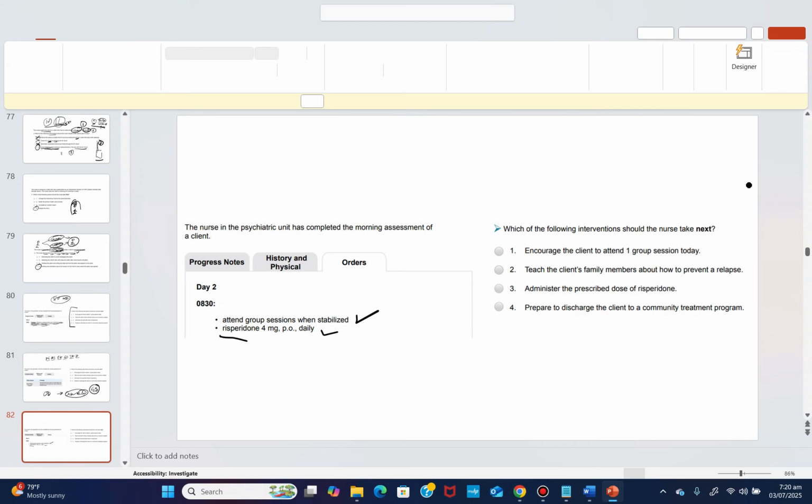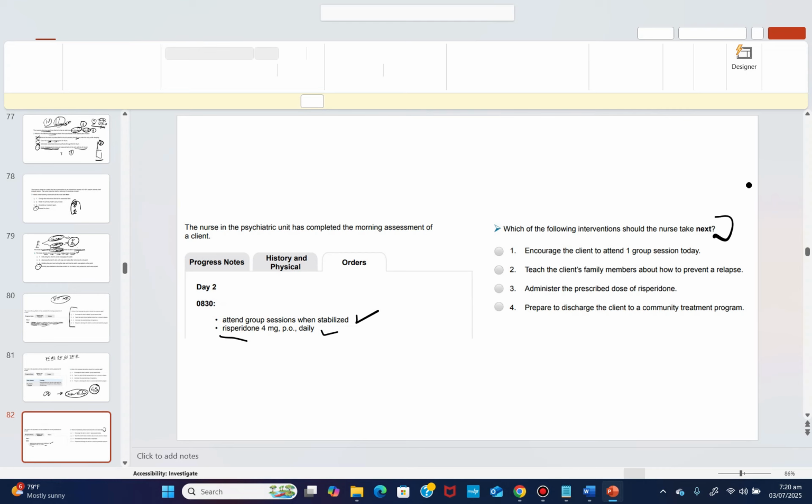So I feel what we need to do depends on what the examiner is asking. So let's see what the examiner is asking. The examiner is saying which of the following interventions should the nurse take next, right? So: encourage the client to attend one group session today. Obviously, the doctor said we should only make the patient attend group session when they are stabilized.